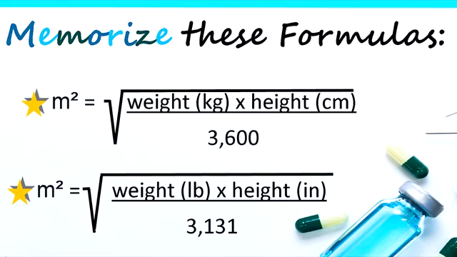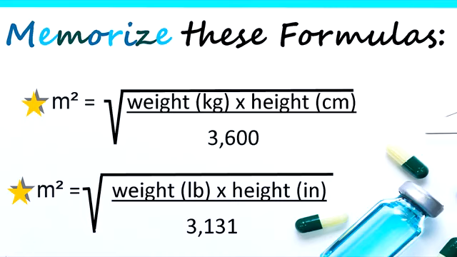So if they were giving you the patient's weight in kilograms and the patient's height in centimeters, you would use this formula. This formula says square meter, which is body surface area, equals weight in kilograms times the height in centimeters divided by 3,600. You would figure that out and then calculate the square root of that value.